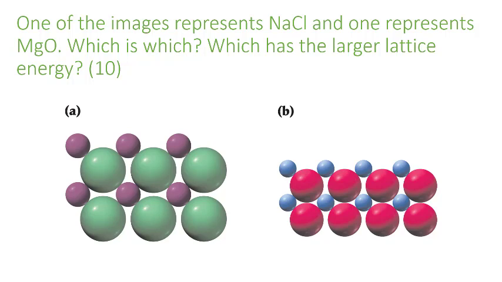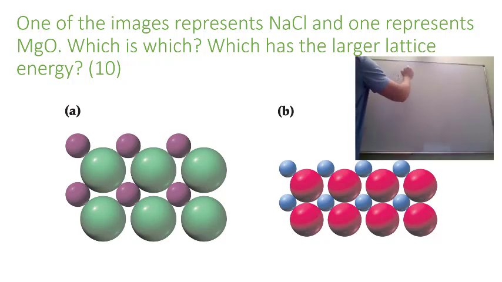Okay, so first off, we're going to talk about magnesium oxide, MgO. That's formed from magnesium 2 plus and oxide O2 minus. Sodium chloride is going to be Na plus and Cl minus. Now we'll answer the second part of the question first.